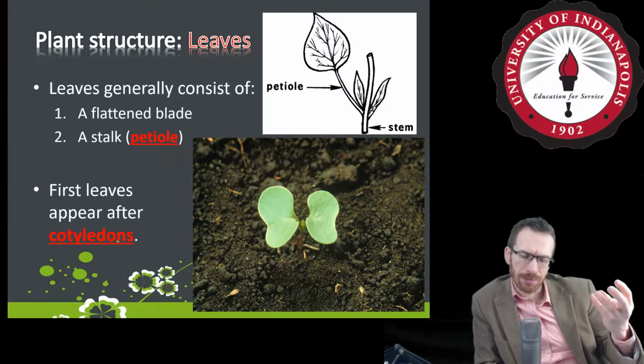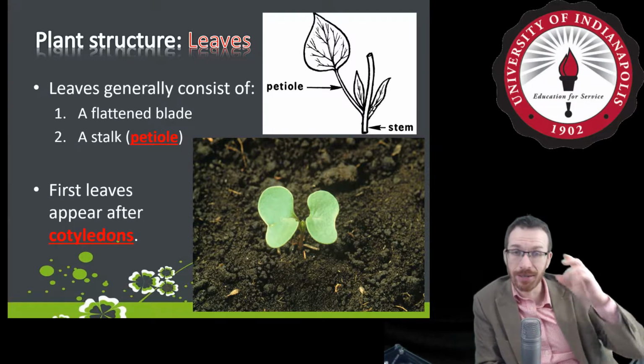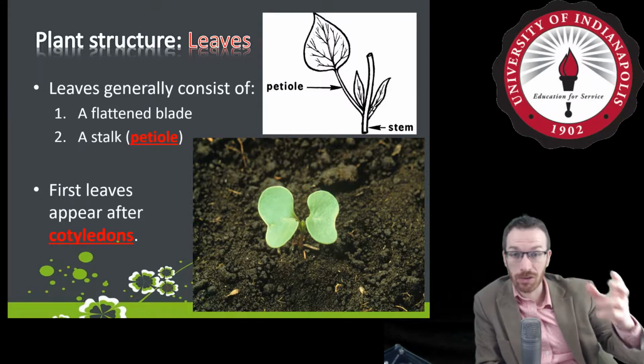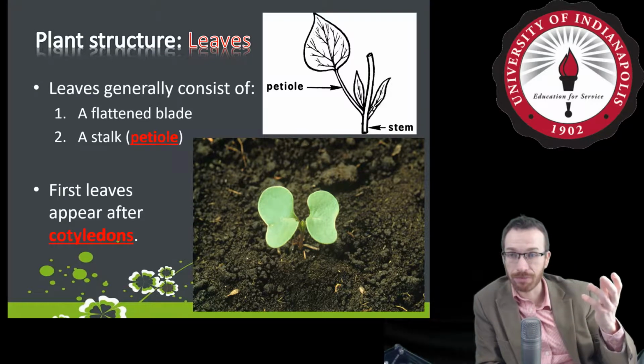When a seedling emerges from the soil, recall in the last lecture when we talked about seeds, and we talked about endosperm, and the endosperm will turn into cotyledons after germination. That's what you're seeing there. So those two leaves that you see in green aren't really leaves.